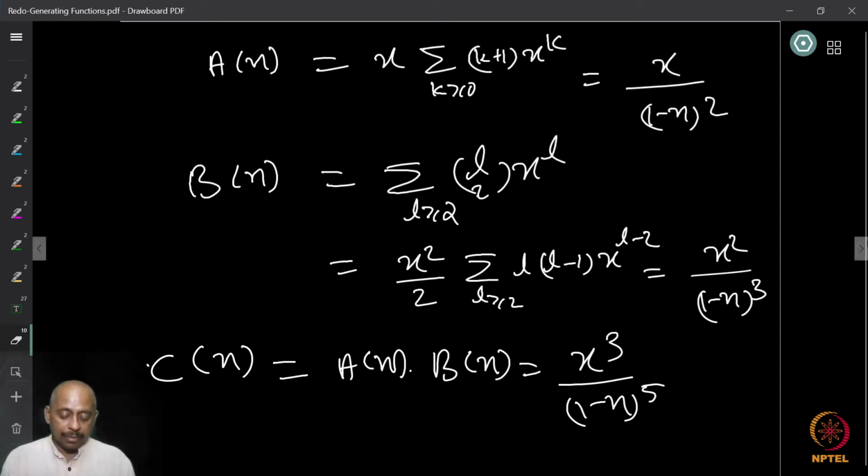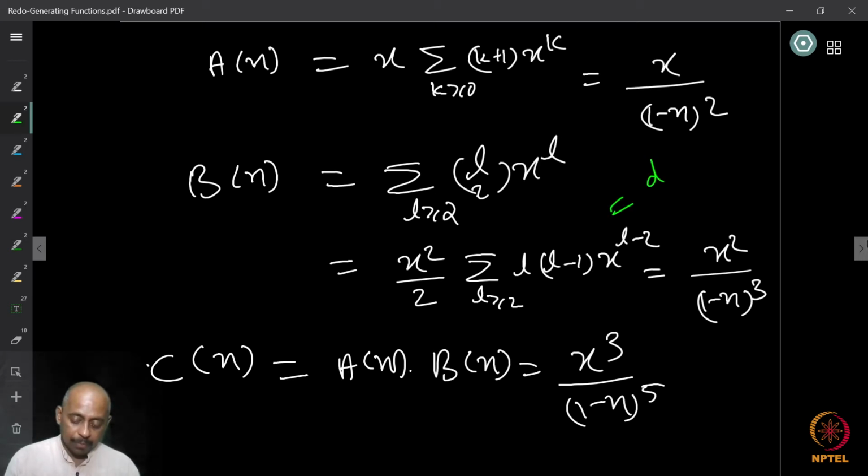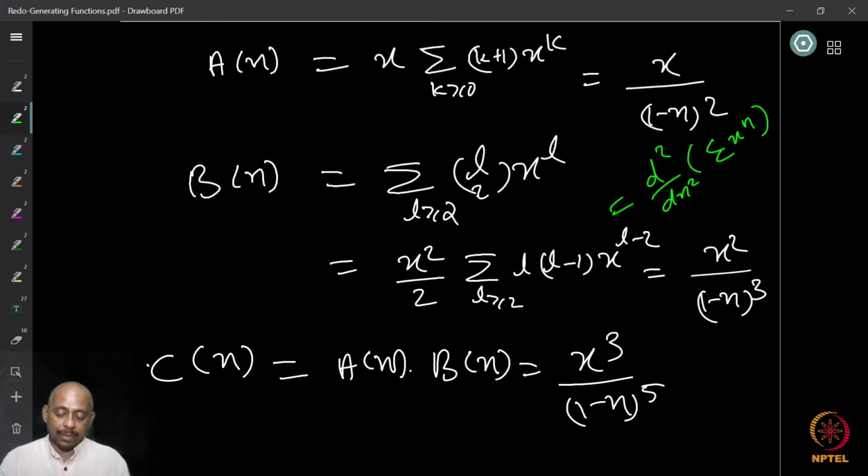And this is the second derivative of the series summation x raised to N, which is the generative function represented as 1 by 1 minus x. So its second derivative is 2 by 1 minus x whole cube.